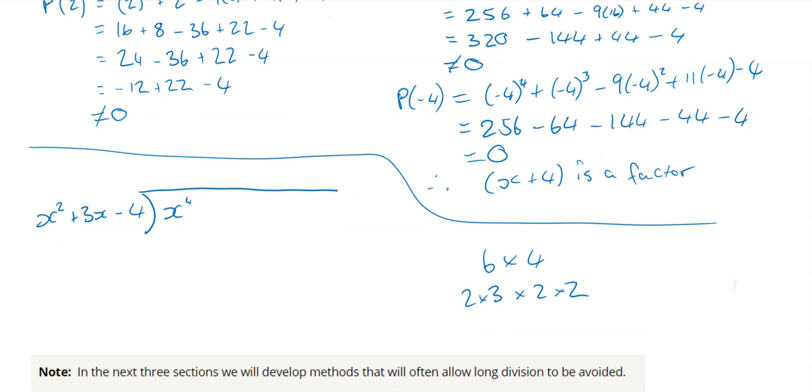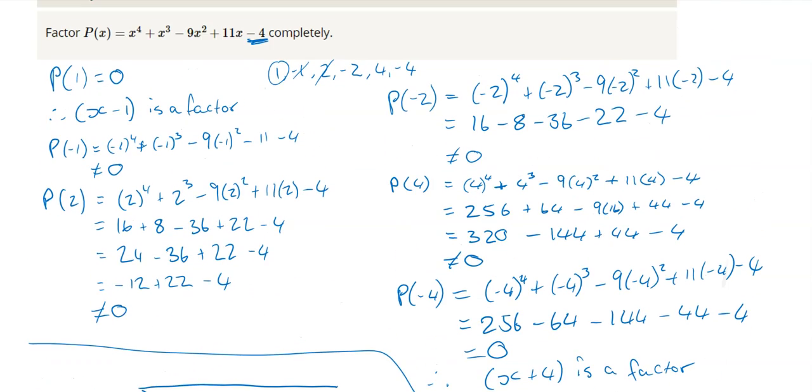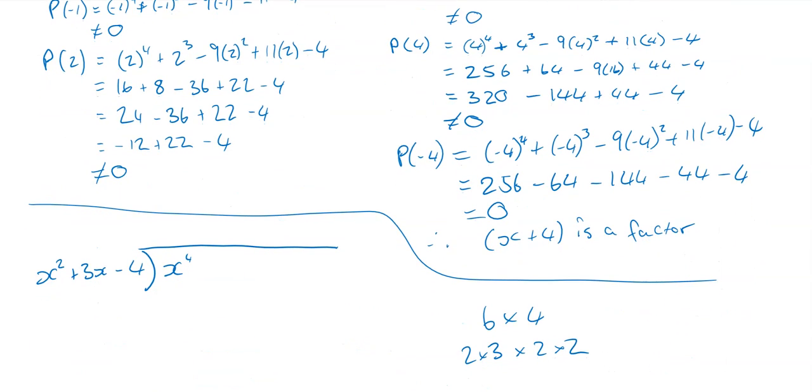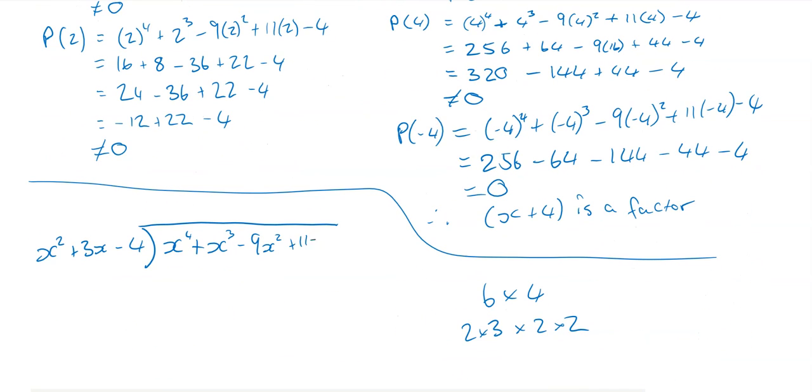I think we should always get that. Anyway, let's try this. I've got x to the power of 4 plus x to the power of 3 minus 9x squared plus 11x minus 4.